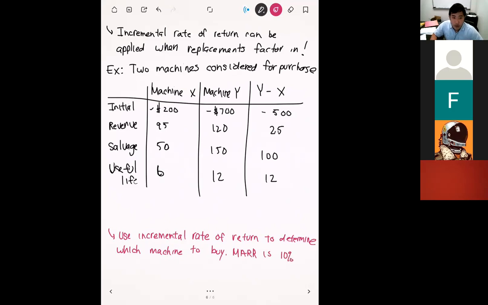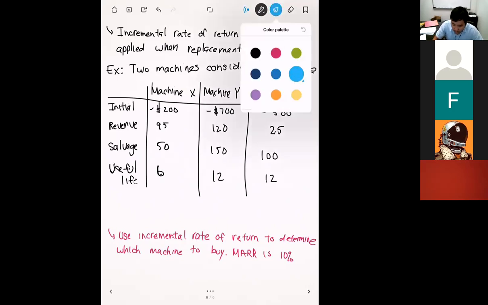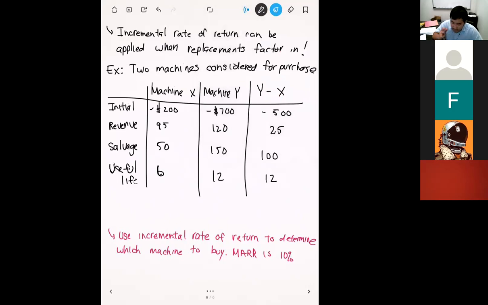All right. And so we're going to set this up just like we did the last time, but we have one additional complication. Since machine X here only lasts for 6 years, we're going to need to buy a replacement in year 6. So there's an additional cost that we have for machine X, and that's going to be a replacement in year 6.